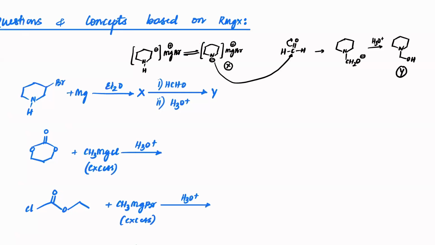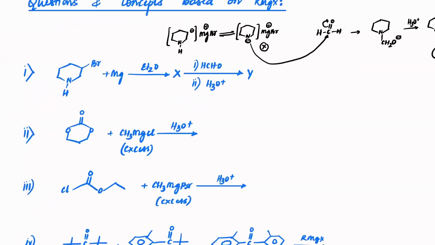Next thing, if you have H3O plus added onto this, so I mean CH3MgCl added onto this, the first step would be attack on this nucleophilic position. So we would get like this with O minus and CH3 getting connected here, with MgBr plus. This is the first equivalent.